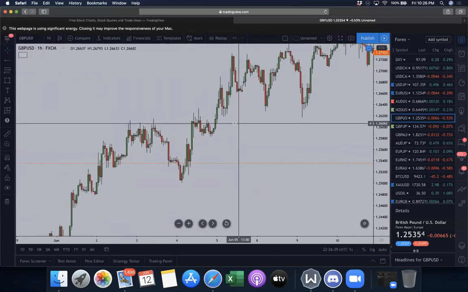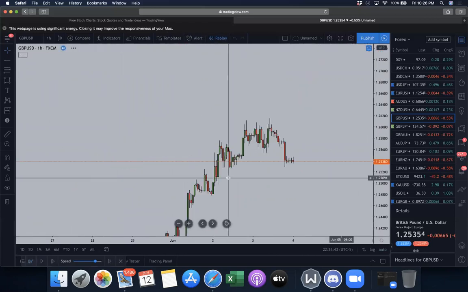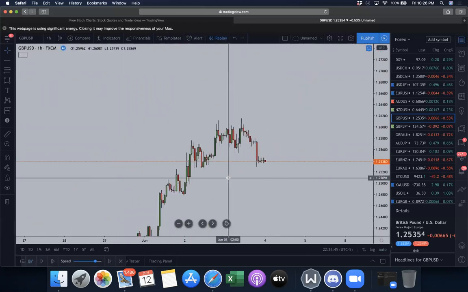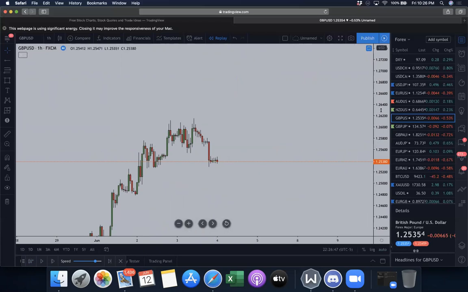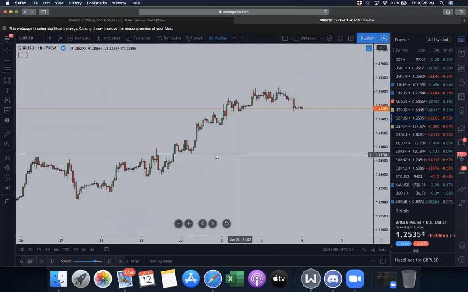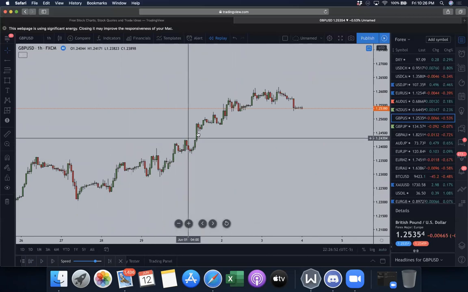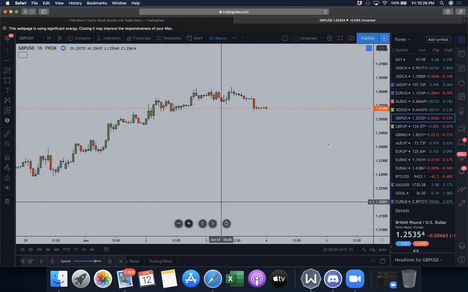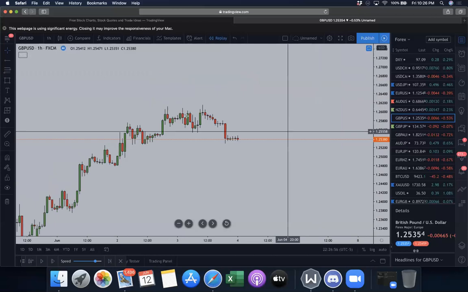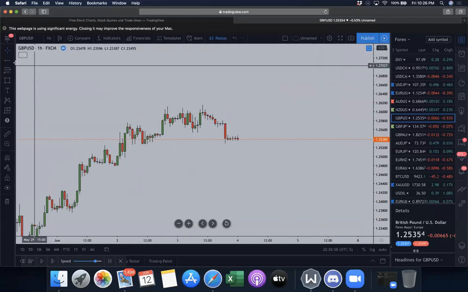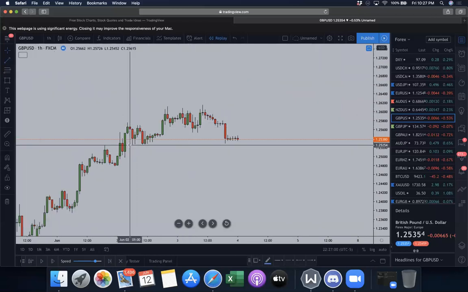Okay, so right here, we have a bullish trend, right? We all can agree that this is a bullish trend. Then we start seeing price consolidate, right? Right here, we note we have equal lows.